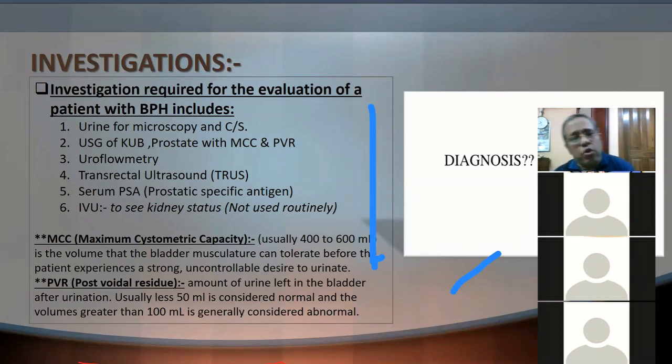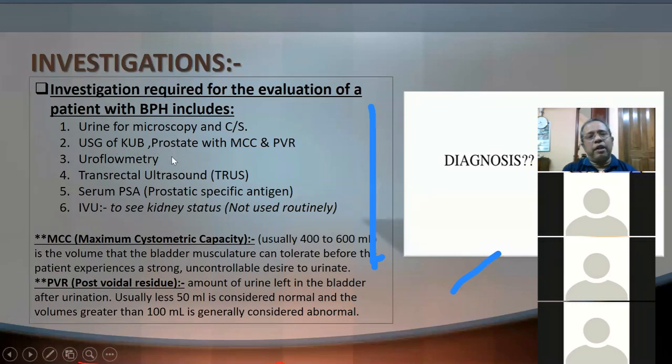Then another thing is uroflowmetry. It is also a very important thing, and nowadays very popular. Whenever the patient goes to a urologist for lower urinary tract symptoms, they write uroflowmetry.